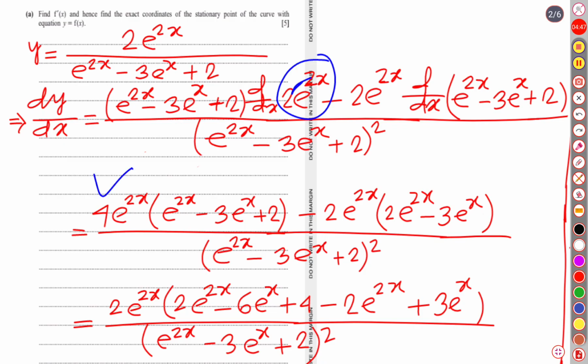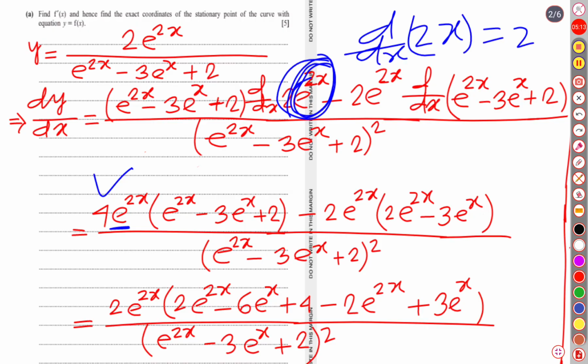Then the exponential function remains unchanged, not in all cases. Remember, this is only for e raised to, if it is Euler's number, then the function remains unchanged. So we have left the function unchanged, and this 2x has been differentiated. d over dx of 2x is equal to 2.